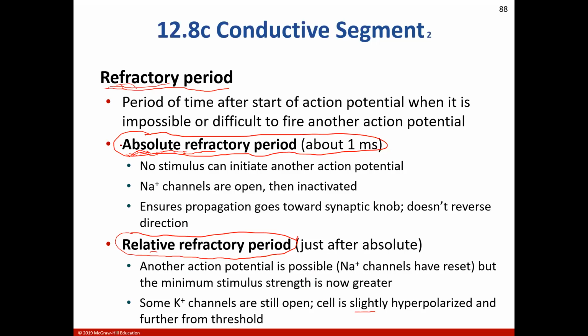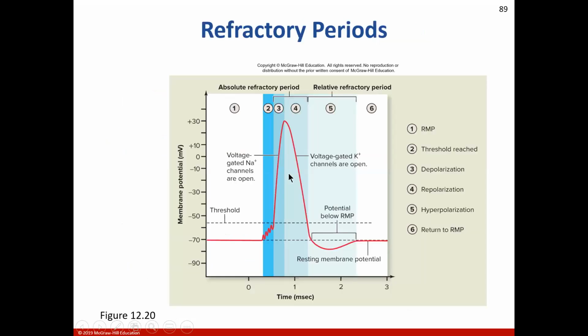Absolute, no way, no how. Relative, if you get a strong enough stimulus, you can get an action potential. That's what I need you to know about refractory, especially when you go into A&P 2 with the cardio, if they go that far. You've seen this before, so practice it. Know this chart. It answers a lot of questions. Or this table, whatever you want to call it.